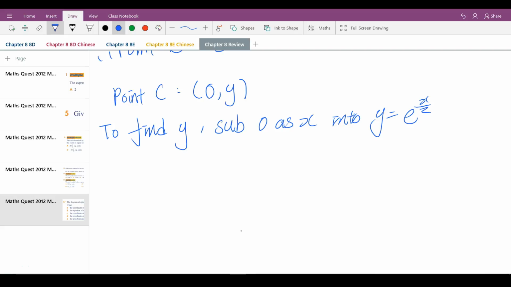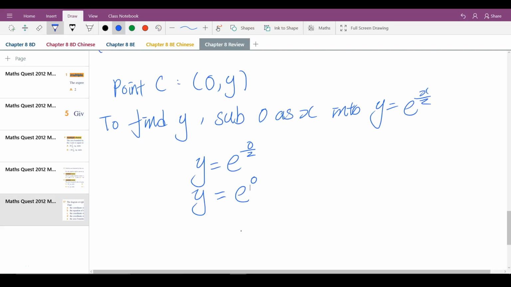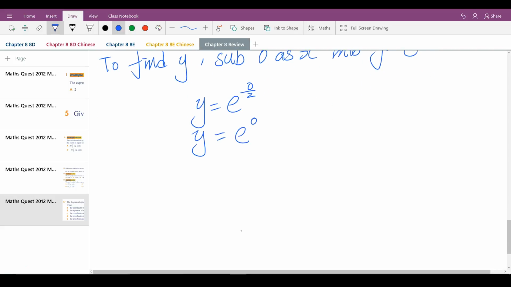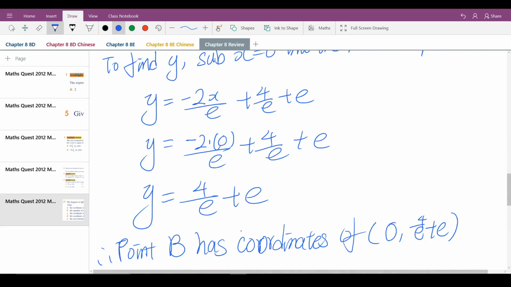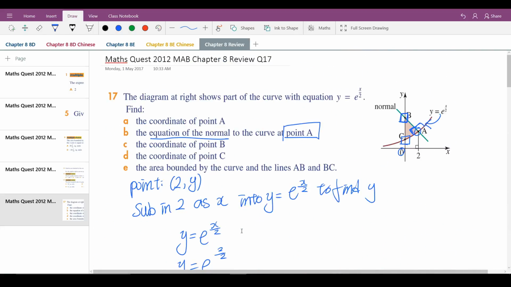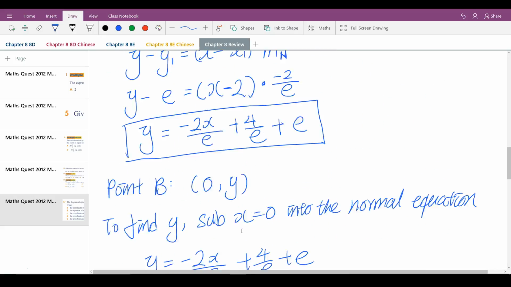So y is equal to e to the 0 over 2, that is y equals e to the 0, and that is just 1. Anything to the power of 0 is 1. So therefore, point C has coordinates 0 and 1. That's done. Question D done.